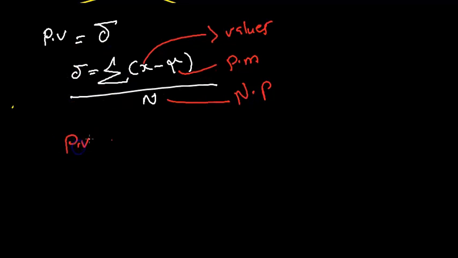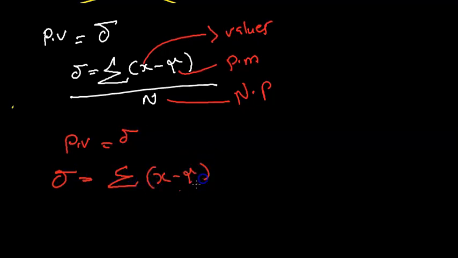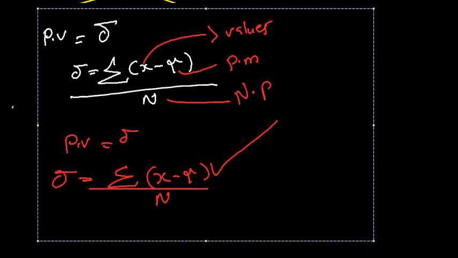We say the population variance is denoted by sigma squared. If that is the case, it is simply going to be the summation of (x minus mu) squared divided by n, and this is the formula for it. The last but not the least is standard deviation. Standard deviation, how can we solve this problem?